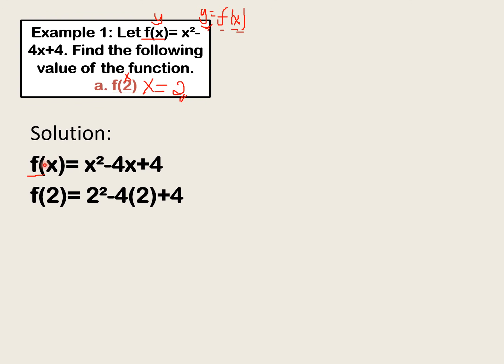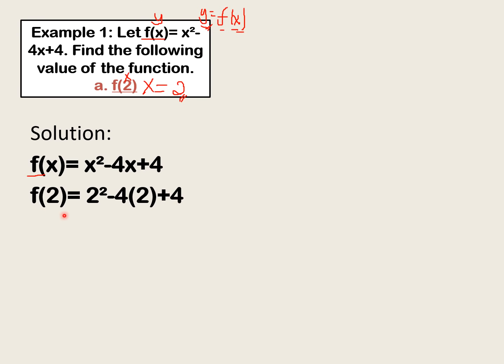So, our x here becomes 2, which is equal to x squared. So, mapapalitan dito si x, which is 2. Tama? So, 2 squared minus 4x. What is our x? Our x is 2. So, plus 4. Okay?